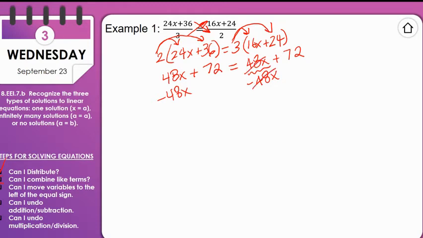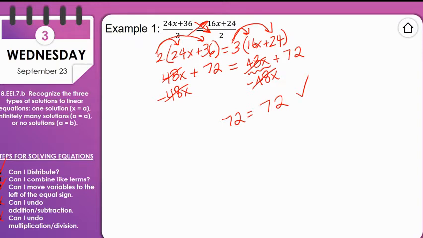My 48x terms cancel. I'm left with 72 equals 72. That is correct. 72 is equal to 72. That statement is true. I can't undo addition or subtraction. I can't undo multiplication.